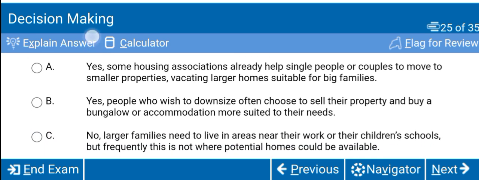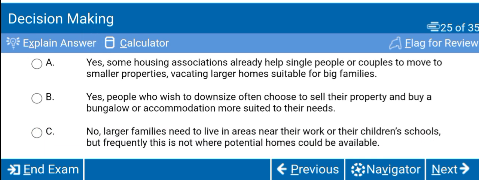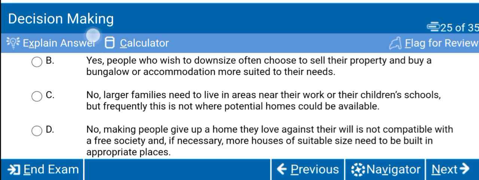Option B: yes, people who wish to downsize often choose to sell their property and buy a bungalow or accommodation more suited to their needs. Option C: no, larger families need to live in areas near their work or their children's schools, but frequently this is not where potential homes could be available.